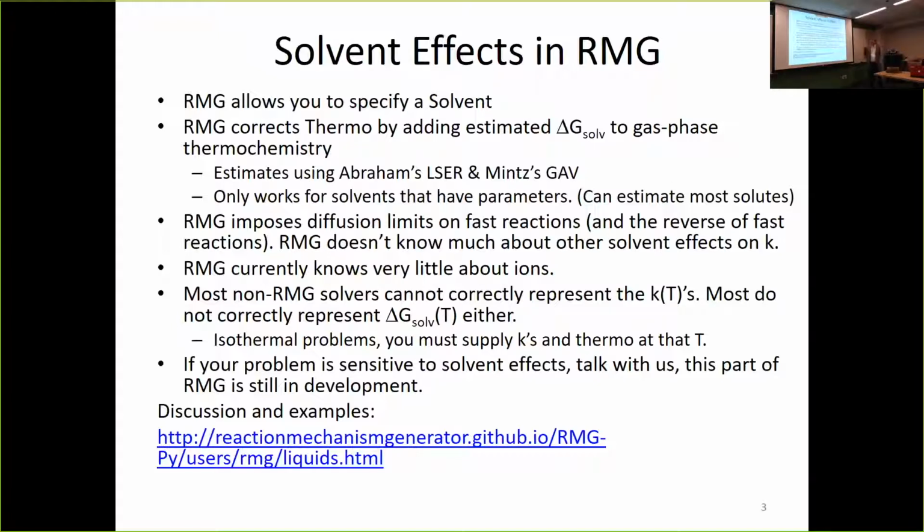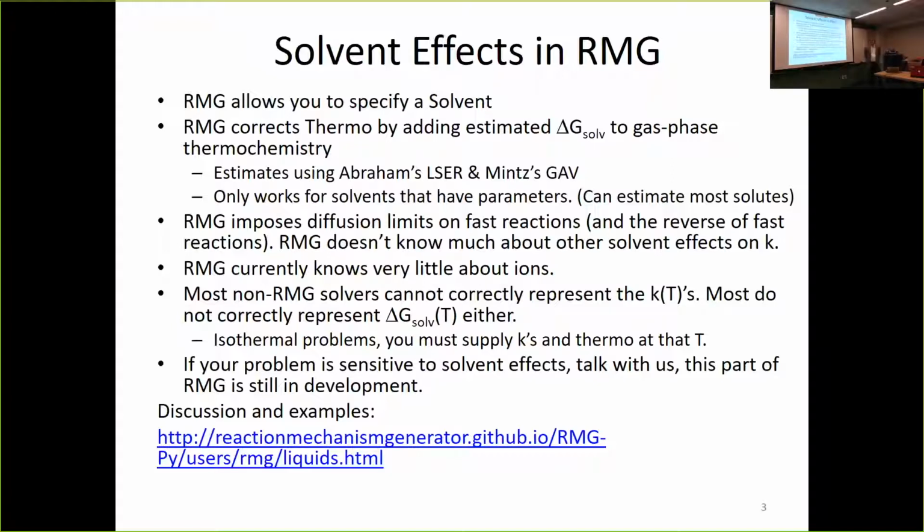But it can estimate the properties of most solutes in those solvents. So Abraham's method gives you a good way to estimate, at least for all the neutral solutes, the delta G of solvation in those solvents.